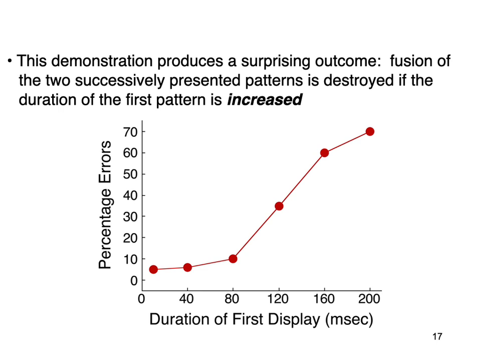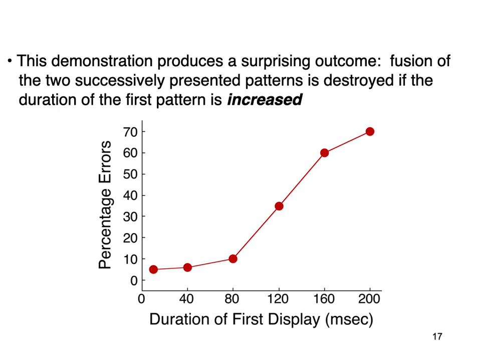So that means the first display, look, it's the duration of the first display on the x-axis. It's about 10 milliseconds, and it's immediately followed by the second display, which is also briefly displayed, but the duration of the second display is always constant. It's the duration of the first display that's varying.